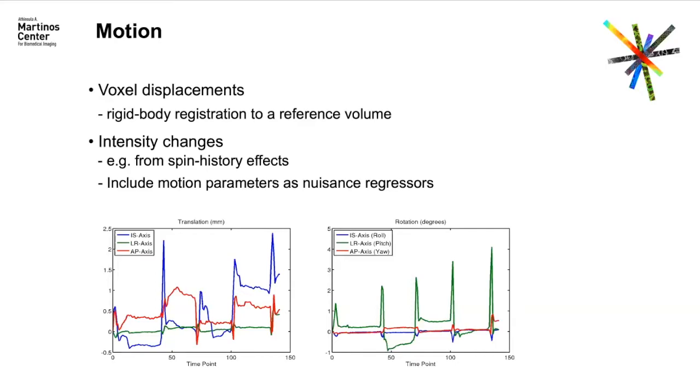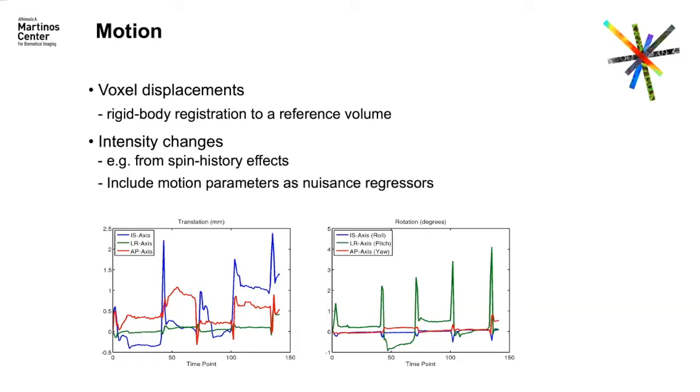There are basically two types of issues related to motion. So the first issue is voxel displacement. When the head moves, the voxel that was there before is not there anymore.